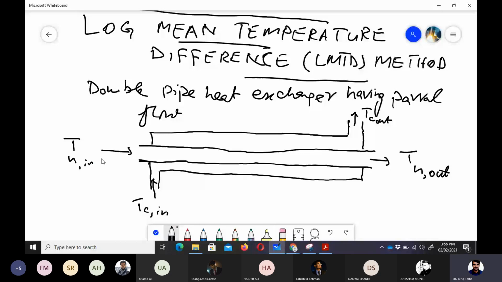Hot fluid is passing through the tube side, and the cold fluid is passing through the shell side, and we take a differential element of the pipe of surface area dS. Now we want to see how the temperature profile and temperature change would happen for this kind of flow arrangement.